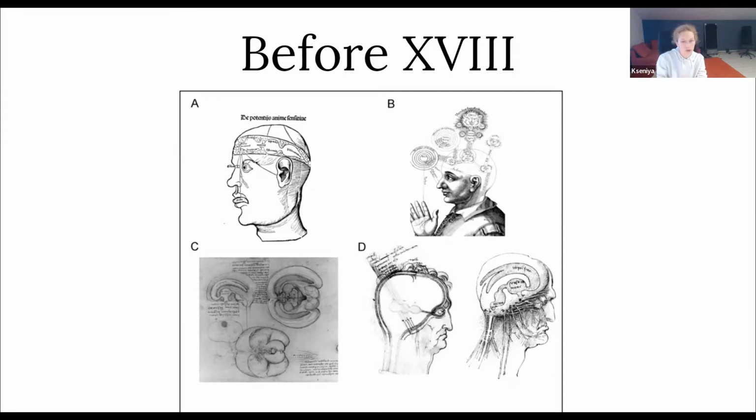Anatomists learned to isolate different parts of the brain but it was very difficult. Do you know why? Why was it difficult to isolate, to distinguish different parts of the brain from each other?